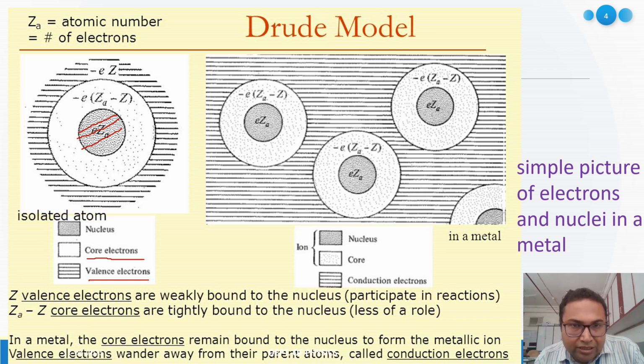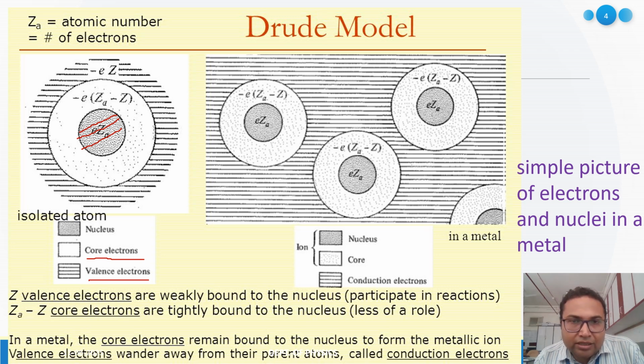Now when we consider this ion, we have all the protons inside the nucleus, but we don't consider all the electrons. We only consider a fraction of them, which we term core electrons, because the rest we call valence. Therefore, this ion has more positive charge because it has more protons than electrons.